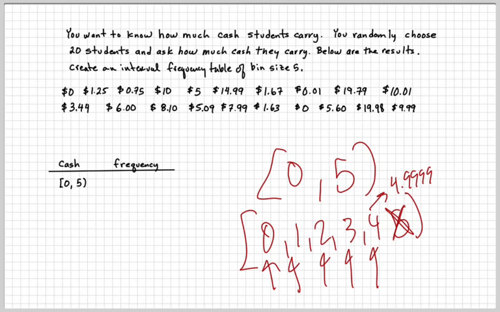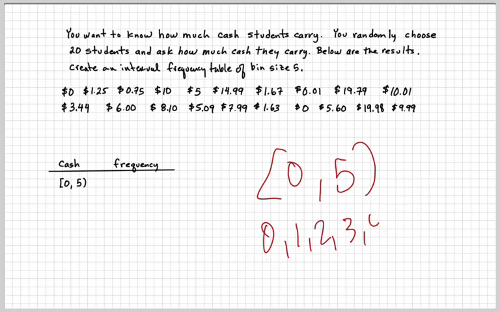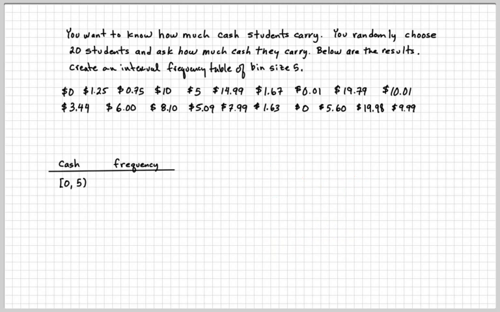Okay, might look a little bit weird. And why do we do this? Because if we just said 0, 5, 5, 10, 10, 15, then it would be like, well, do we put the 5 in this bin or in this bin? Right? It's very confusing.